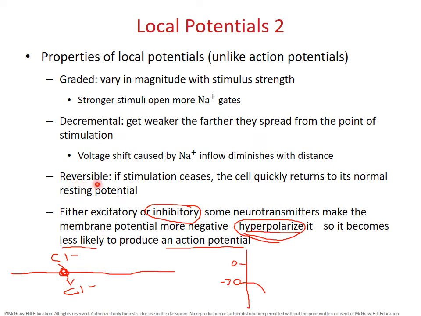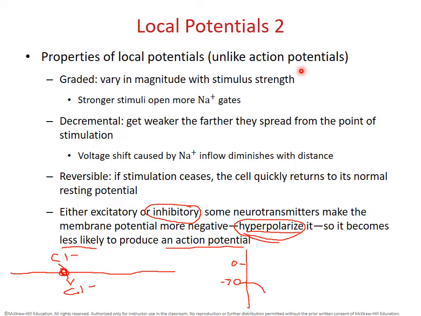Action potentials are reversible, but not instantaneously reversible. There is a stereotypical opening and closing of gates that has to be completed before we can stop the action potential. And action potentials are always excitatory. Since they're always the same, we don't have two different versions of them. So these are some of the differences between local potentials and action potentials.